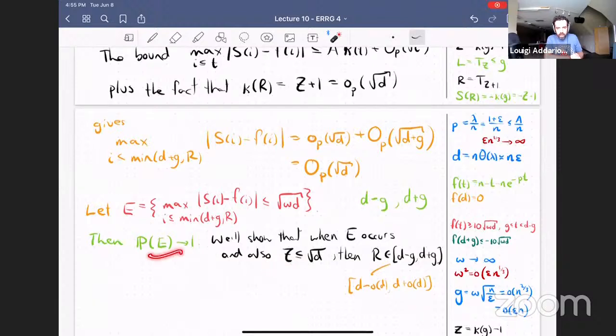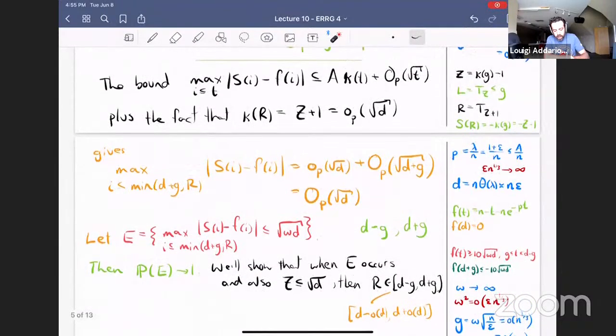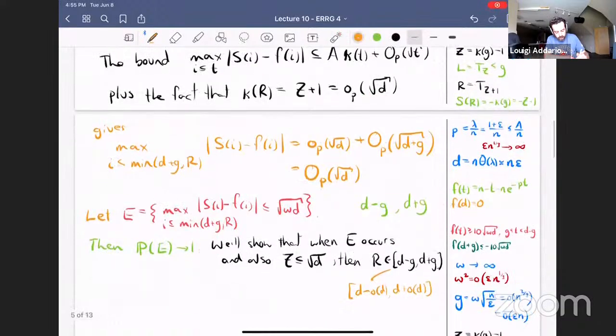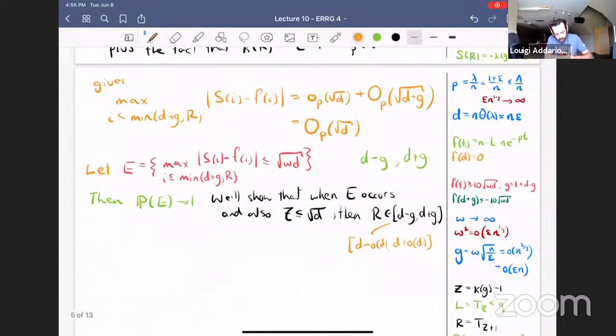Okay, so the probability of E tends to 1, and the probability that z is at most root d tends to 1, because we saw that z is little o of root d in probability. Okay, so the two events I've written in black here both have probability tending to 1. So this proves that R over D, which is R over n theta, converges in probability to 1.